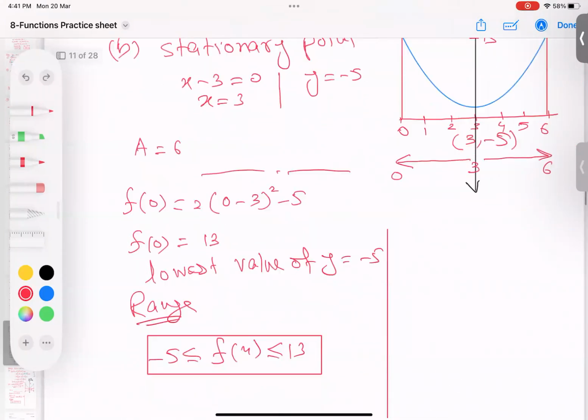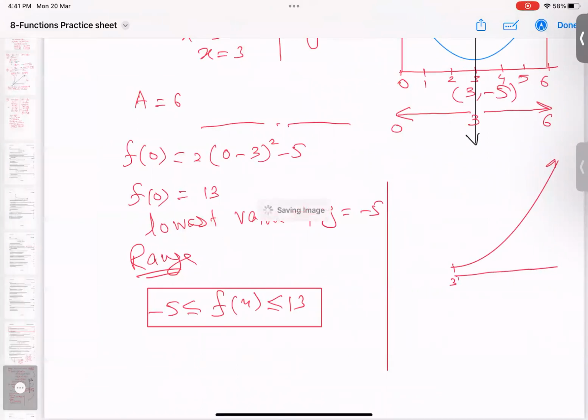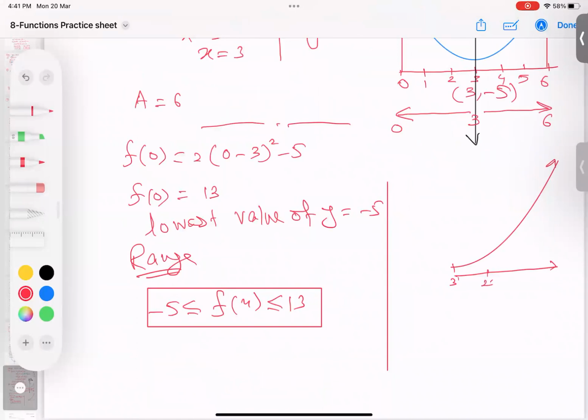So let's start now. If my graph is this way, look here, students, 3, 5 is on the graph. This is 3, 5, and this is the 3 value. Here we have x is 4, here x is 5, here x is 6.